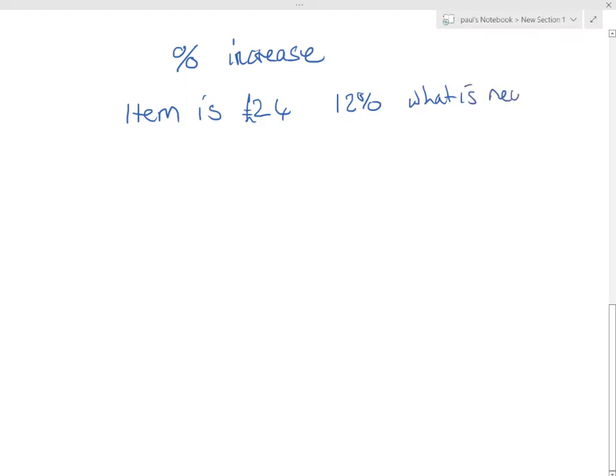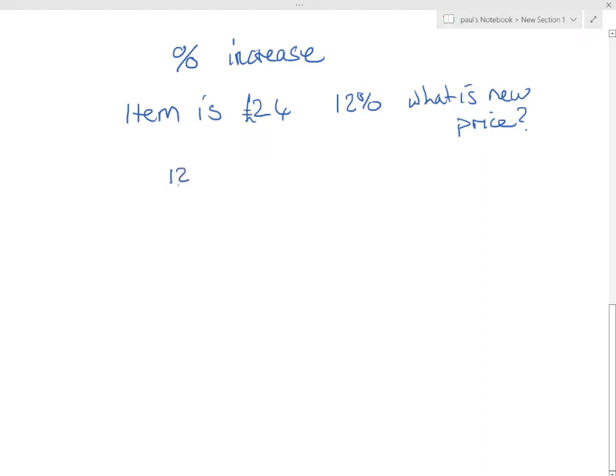So the next one was percentage increase. Now there's lots of different ways to do this. We can do this via decimals, but we're going to keep it simple. So you have an item that is £24 and you want to increase this price by 12%. What is the new price? First of all we'll find out what 12% is and then add it on.